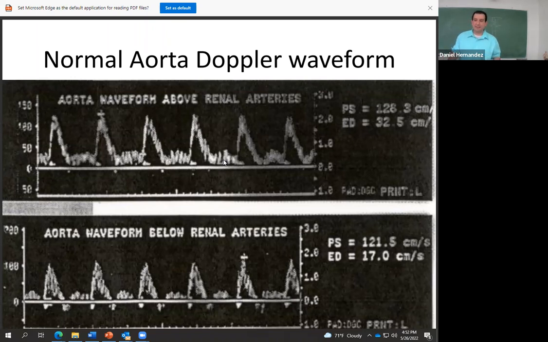So that typically has a higher resistance, or higher resistant vascular beds, than the organs the aorta blood needs to feed when you're higher up. That's why you can see slight changes in the resistive indices based on whether you're above or below the renal arteries.